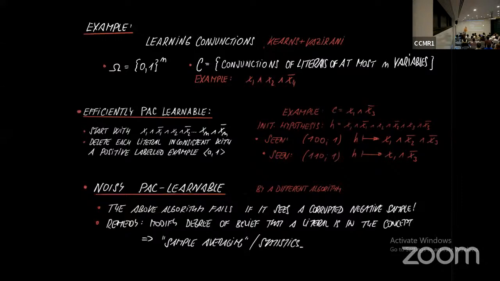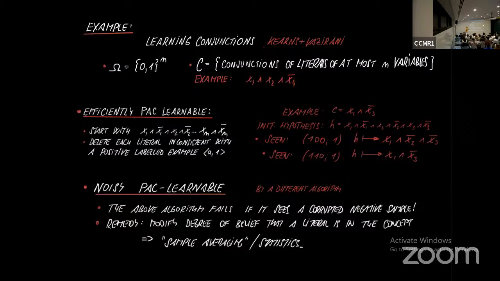The reason why I talk about this, though, is that if you try to use the same algorithm, that goes literally positive sample by positive sample and deletes those literals, with noise, then a single sample that was labeled as negative and flipped to positive is going to destroy your algorithm completely, right? So what can you do about it?